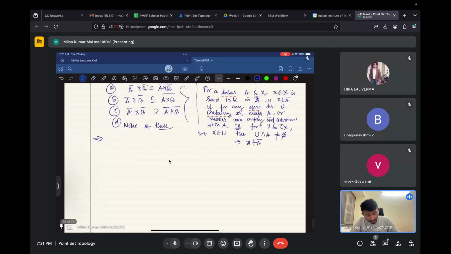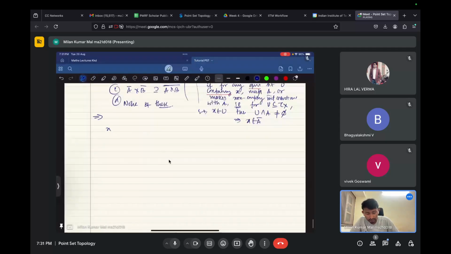Now let's take (x, y) belonging to A closure cross B closure. Sorry, there are two points, not a single point: x comma y. That means x is sitting inside A closure and y is sitting inside B closure.